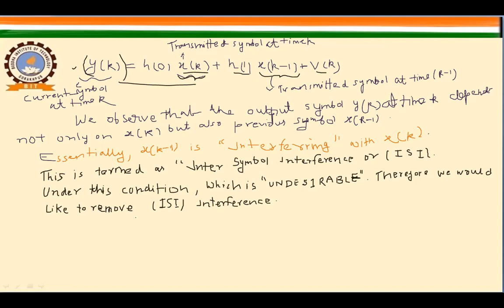So how are we removing this ISI? What do we call this removing process?